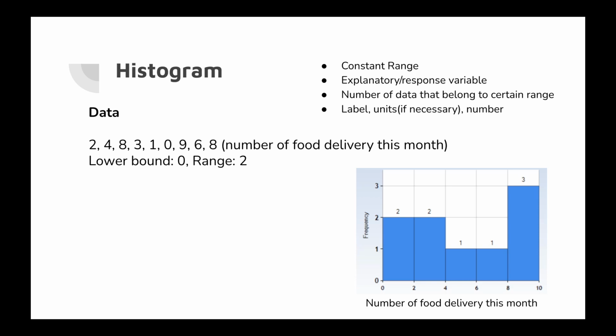The only requirement is these four components, which are constant range, explanatory and response variable, number of data that belong to a certain range, in other words, frequency for each range, and lastly, labels, units, and numbers.